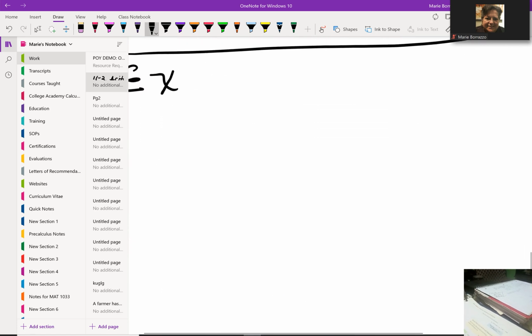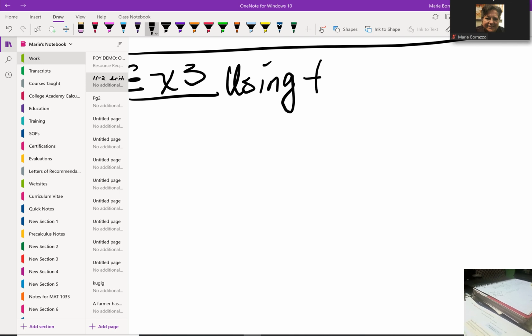All right, example 3. Let's talk about example 3. Here, we're going to use the formula for the general term of an arithmetic sequence.